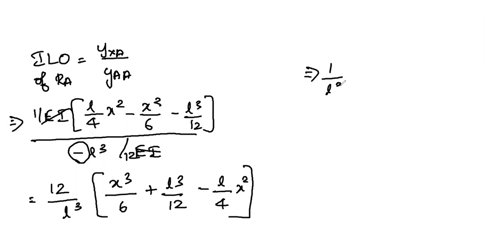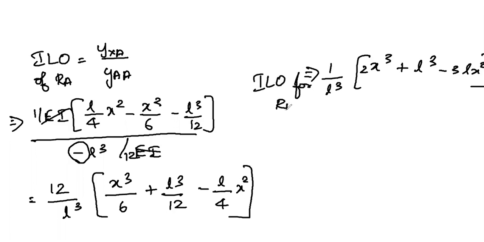What happens? 1 by L cube into x cube, that is 2x cube will come, plus L cube minus 3L x square. So this is your influence line ordinate for the reaction at the point A. So I found it.